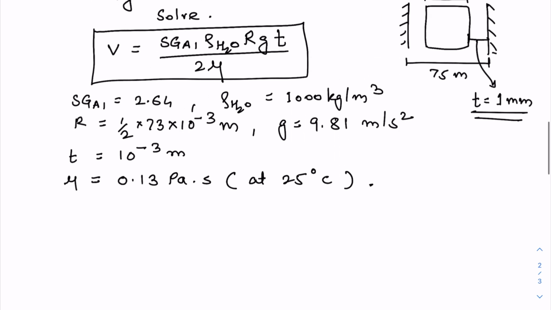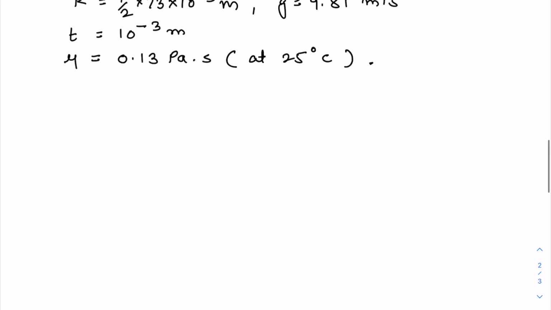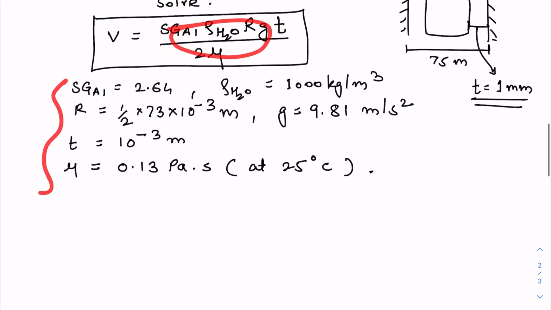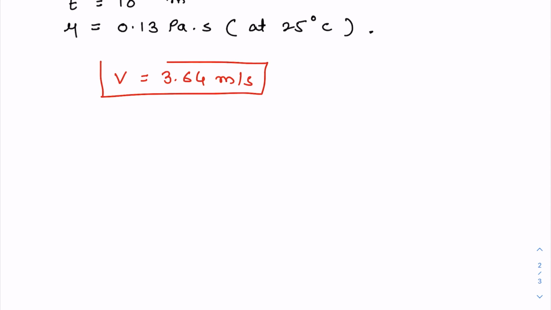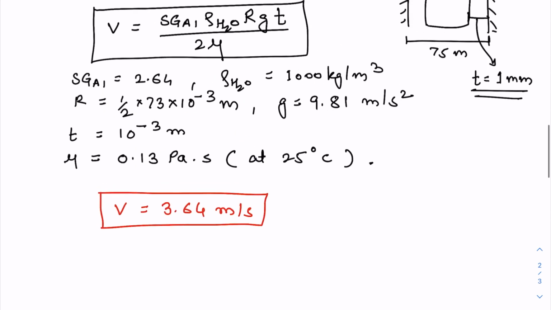So we have the values of all the variables on the right hand side, and if you substitute these in here, you'll find that V, the terminal velocity that the piston will attain, is 3.64 meter per second. So this is the final answer.